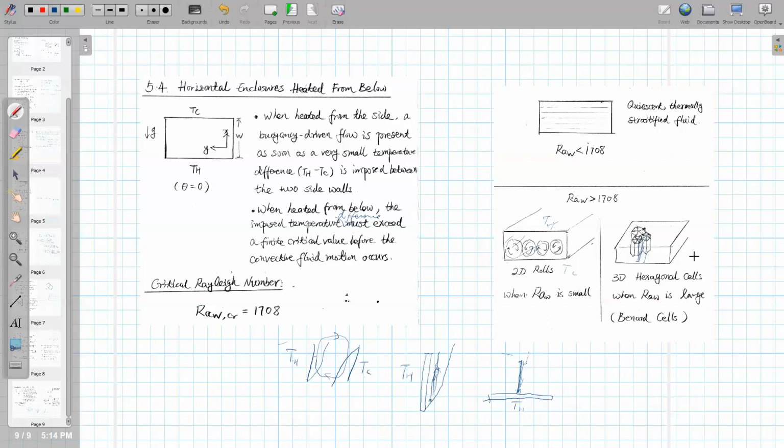When the Rayleigh number is small, you can consider it laminar natural convection, and when the Rayleigh number is big, natural convection can also transition from laminar to turbulent flow.